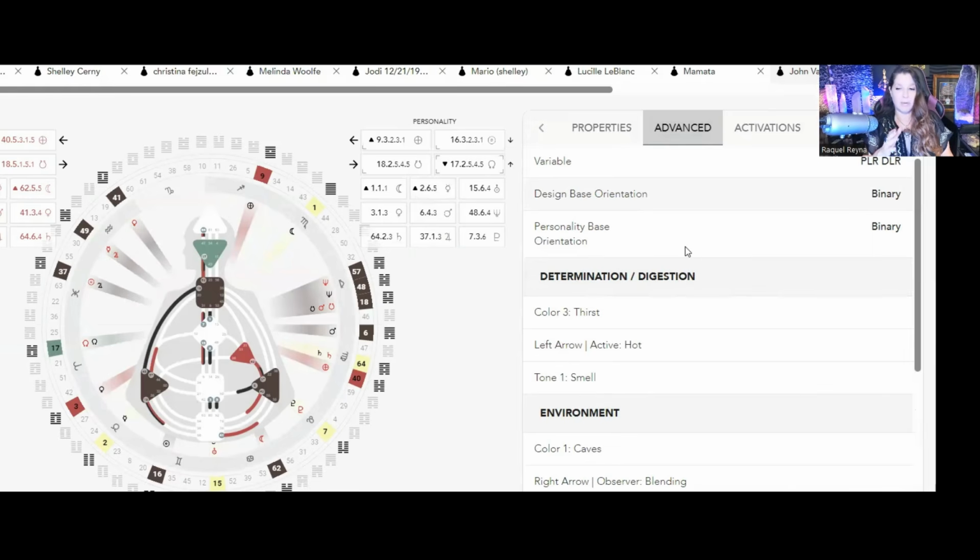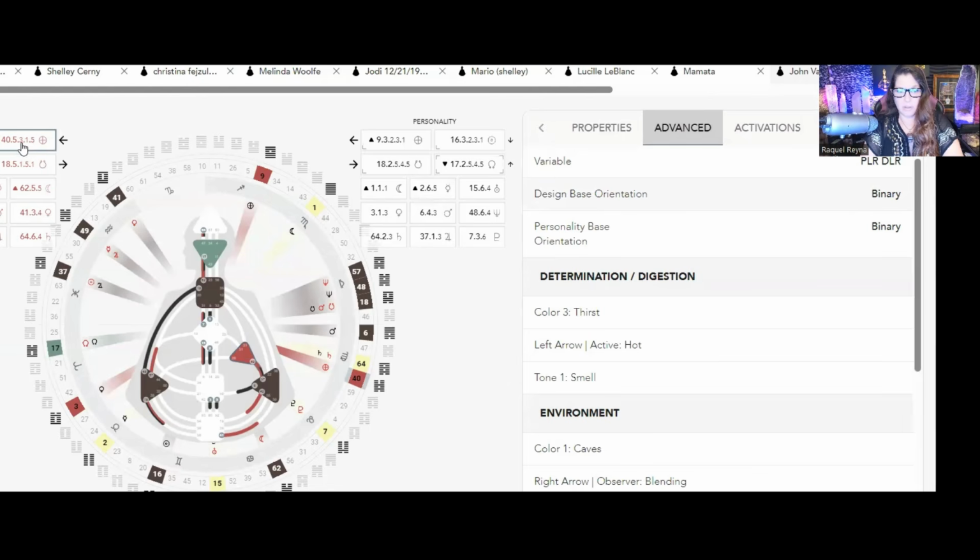In this example, the variable is pointing to the left and the tone is smell. So this is right here where you see the left. You're going to find the thirst in the color 3, and then you're going to find the 1 here is where you see the tone 1. And this is, so it's base, tone, color, line. That's where it goes through, how it gets through the gate, through the neutrino stream, the base, tone, the color.